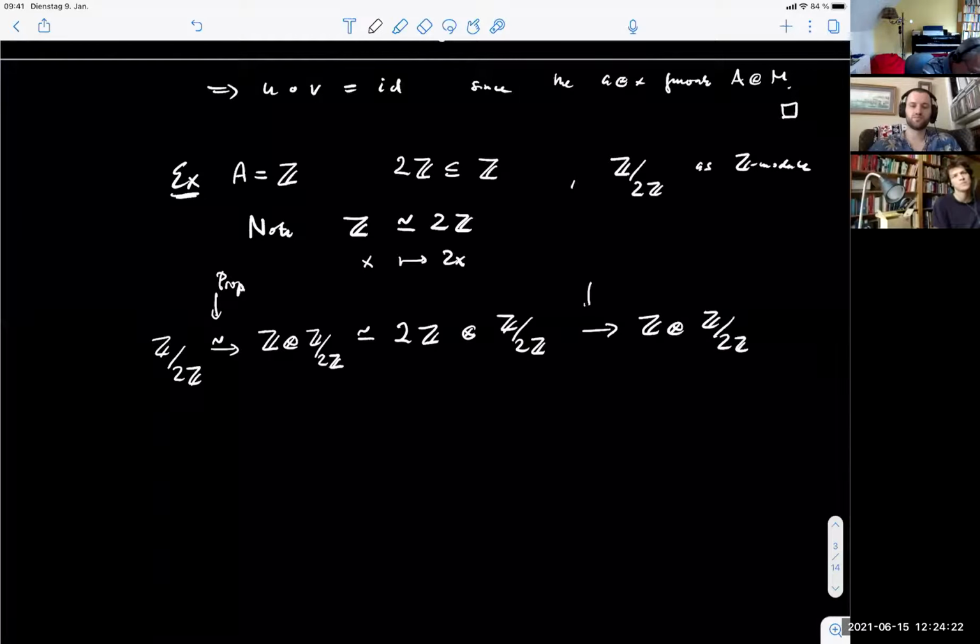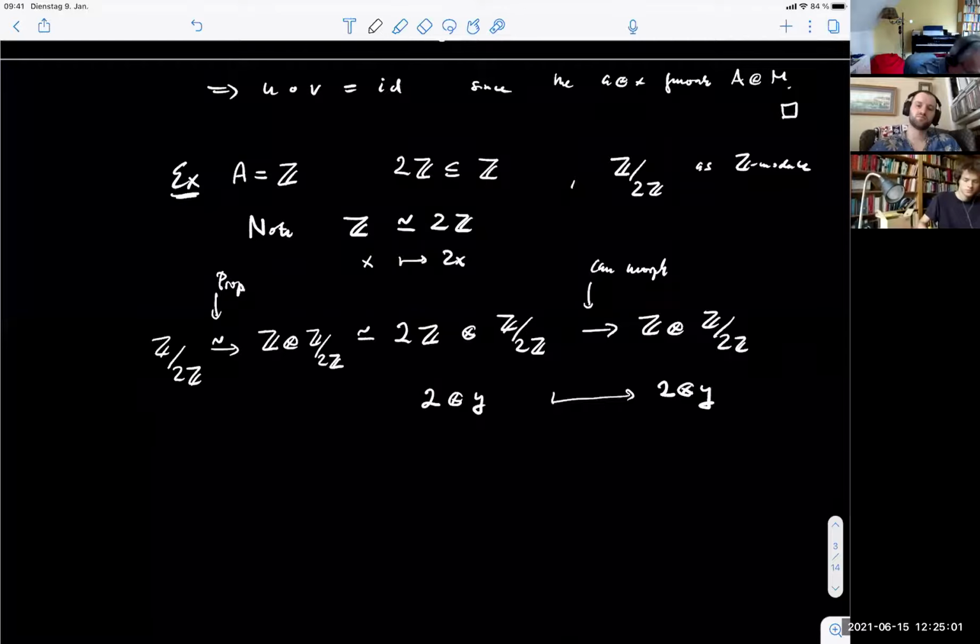This is a canonical map; when I say map, I mean morphism, of course. What does it do? Let's take an element like 2, a generator of 2Z tensor this. This object has just two elements, 0 and another element, let's call it y. So this goes to 2 tensor y.